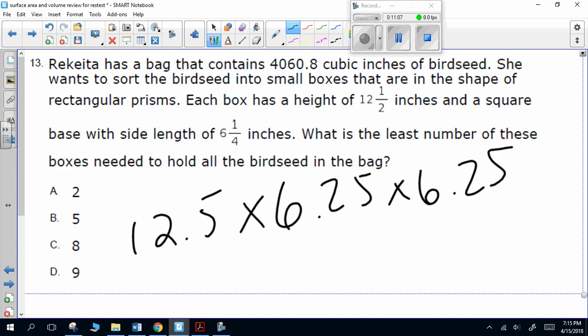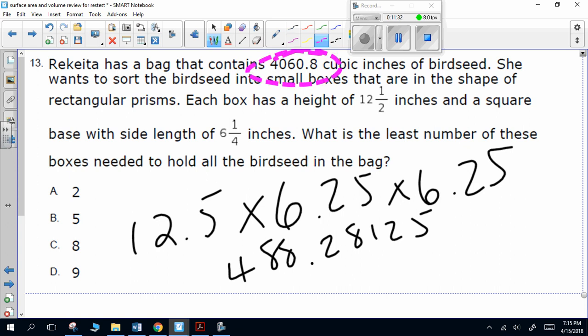And each side measures 6.25. So the volume of the box that she wants to put it in is 488.28125.